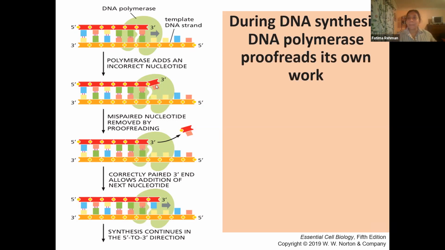In that case, because the base pairing doesn't quite work, it causes essentially a kink in one direction or another that shifts the positioning of this enzyme to the back location. It recognizes that, and that's how it's essentially recognizing that it's not able to move forward correctly. And so that nucleoside would then be removed, and the correct one will have to be added just like before, so it can continue on with the rest of its job. Okay?